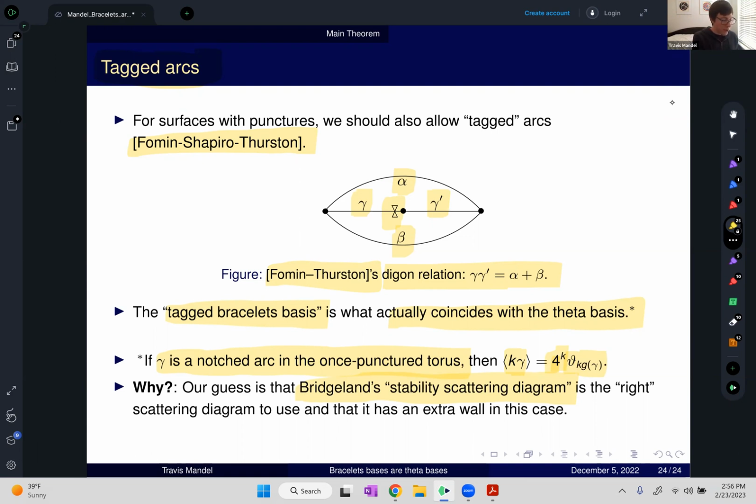He calls it the stability scattering diagram, and it seems like maybe this is actually the right scattering diagram to use here, and that for the once punctured torus, we think that you get this one extra wall in the scattering diagram that separates the two cluster complexes, and this one extra wall would contribute this 4 to the k when you cross it. So we actually have another paper we're working on now with an undergrad student of Fan's who are trying to prove this. So that's it then.